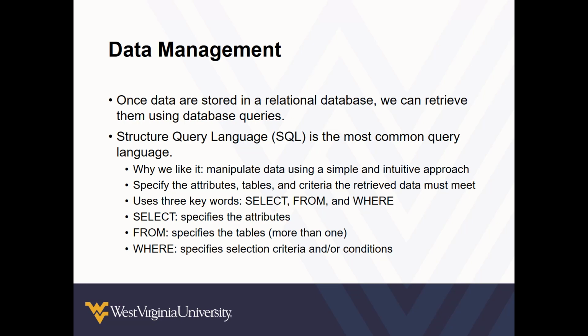There are three key functions that we can use to find and extract data from a SQL database. The select function specifies the attributes of interest. From specifies the table or tables, there can be more than one. And where specifies the selection criteria and or conditions that we want the data to meet.